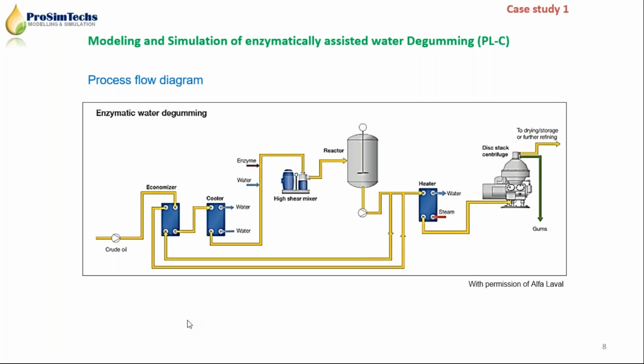So in this typical process flow diagram, we have a first heat exchanger train, with an economizer and a cooler. This is to get the appropriate temperature for the enzyme action.